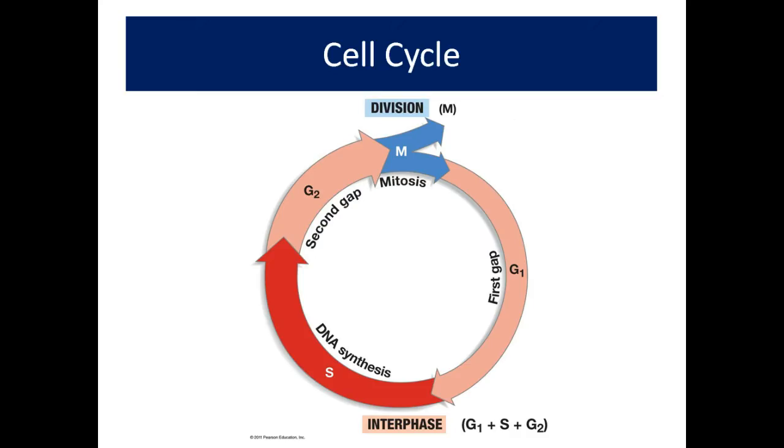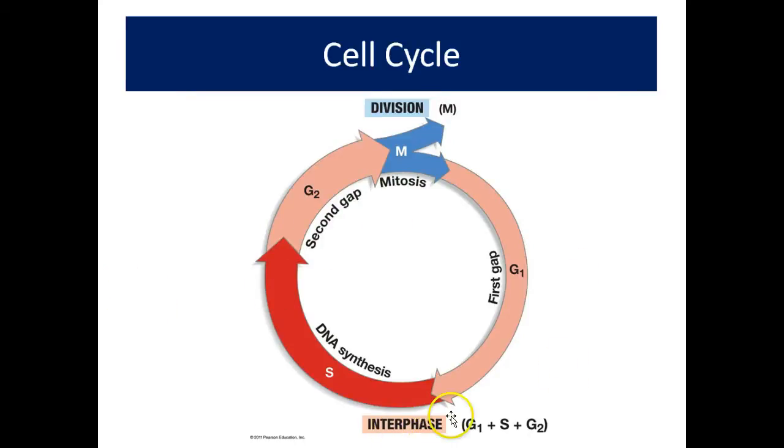Now, what's important to think about, in thinking about what happens in cells and the passing down of traits from one organism to the next through reproduction, is the cell cycle. Each one of our cells, which contains DNA and also RNA, undergoes a cell cycle.